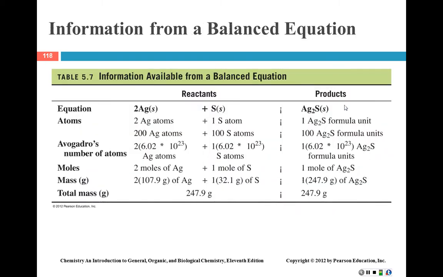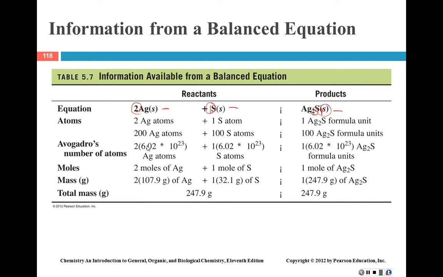In that reactant and product, we have 2 moles of silver and 1 mole of sulfur to give us 1 mole of silver sulfide, which is Ag2S, which has 2 silvers and 1 sulfur.